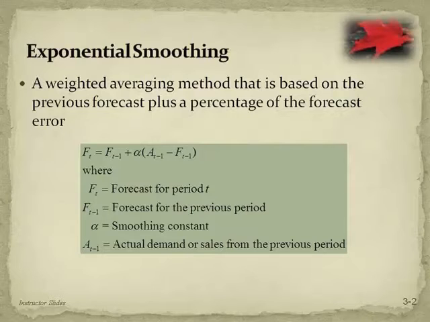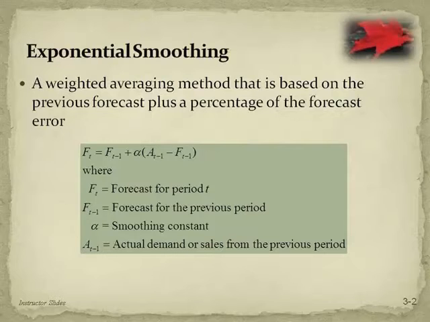So all this technique is doing is saying the next time period that I forecast, next month, is going to be the same as the last month plus, and we'll refer to this alpha times the error as an adjustment factor. So I'm going to essentially be adjusting last month's forecast by a certain amount. The amount of the adjustment is determined by the alpha factor.